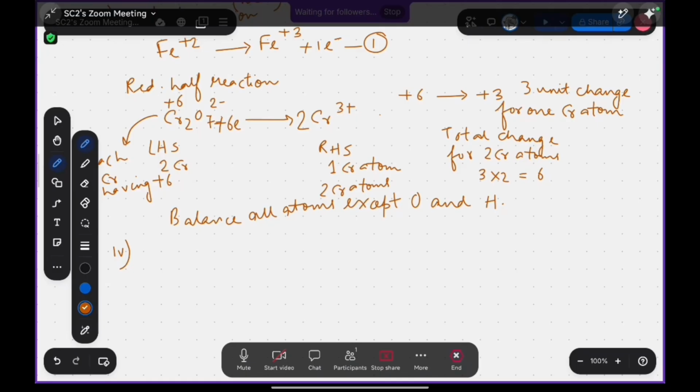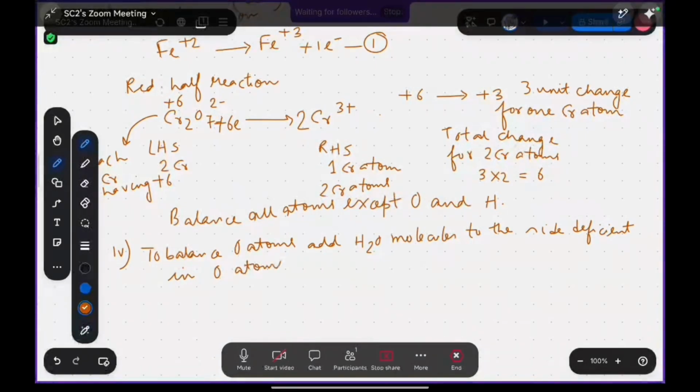To balance oxygen atoms, this is a very important and mandatory step: add water molecules to the side deficient in oxygen atoms.